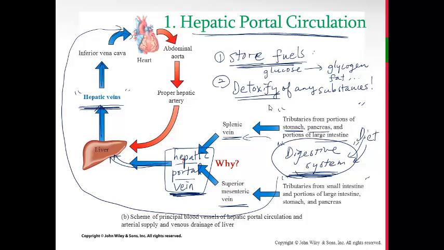So, for instance, if it's any type of toxin that is very toxic for your body, in your liver, we have enzymes to actually help lessen these toxic effects of it. So then everything before, we'll make sure the blood is cleansed. If there's pathogens, we will destroy these pathogens. So as a result, whatever is coming out from your liver is going to be clean, good fuels. Okay. So then you can return it all the way back to the heart.